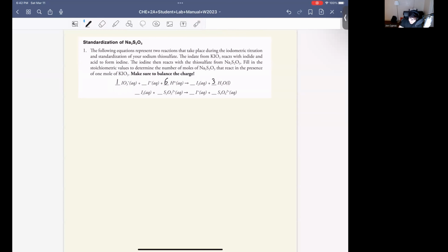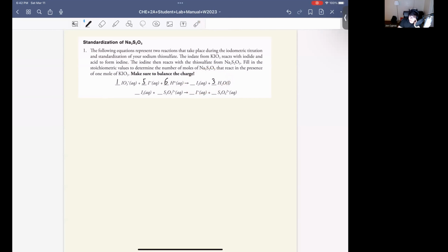So I need a charge of negative 5 on the left, from the iodine specifically. That's the only thing I haven't calculated yet in the charge, for this left side to be 0. So we started with 5 plus after we balanced everything else, and I need 5 negative charges to balance that out to get it to 0.